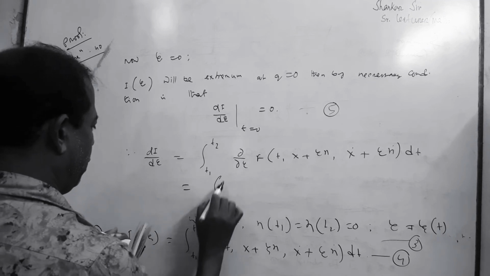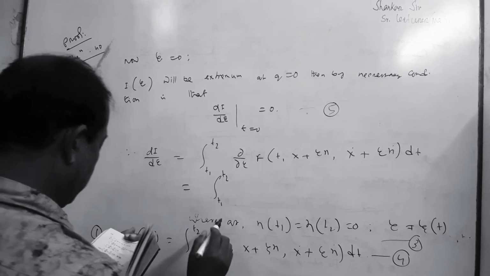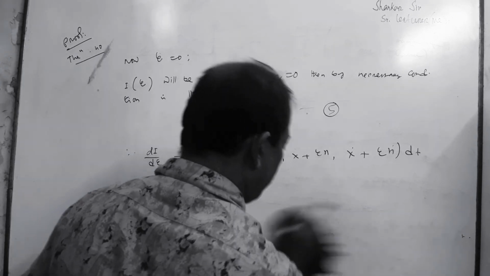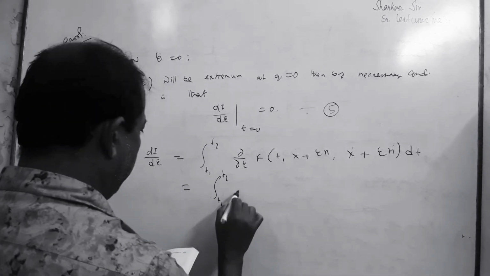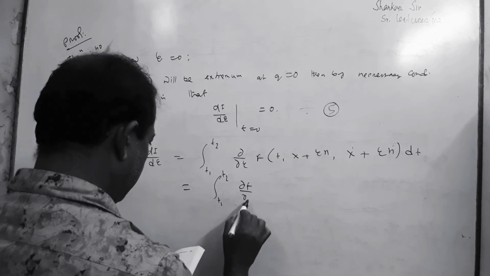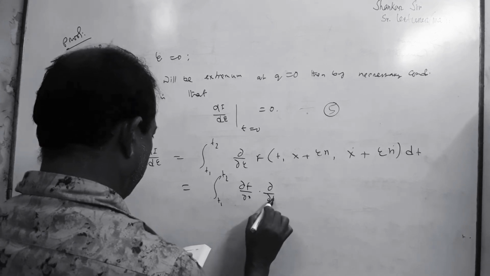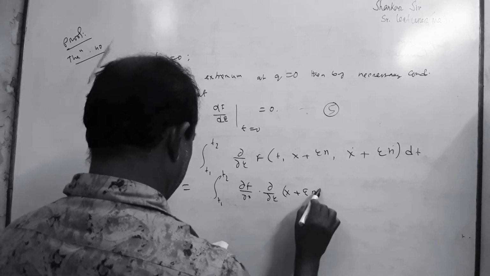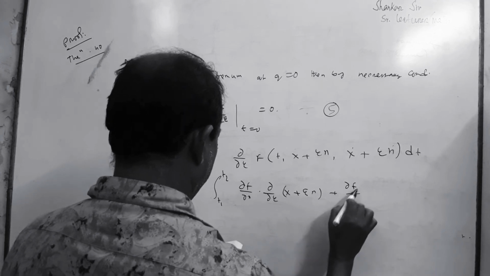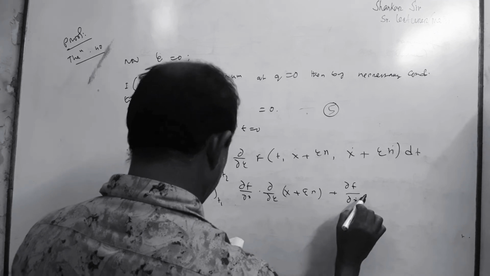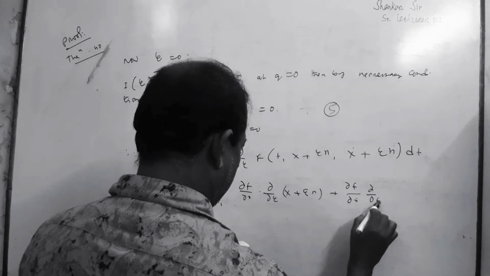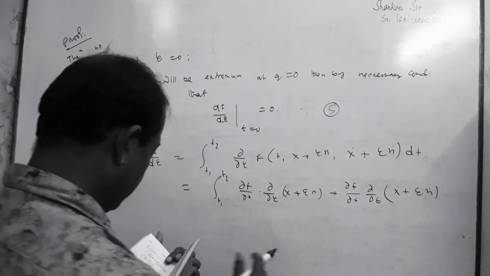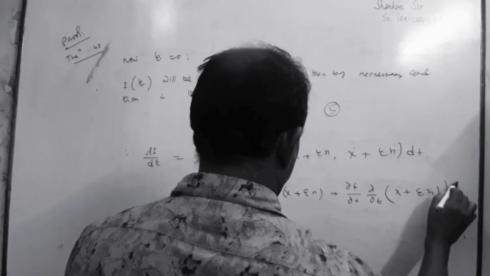Again, t1 to t2, just differentiating with this formula: del f by del x into del by del epsilon of (x plus epsilon eta), plus del f by del x dot into del by del epsilon of (x dot plus epsilon eta dot), the whole of terms dt. Okay.